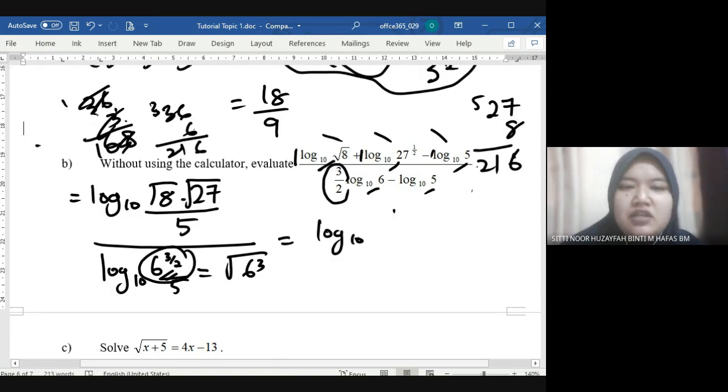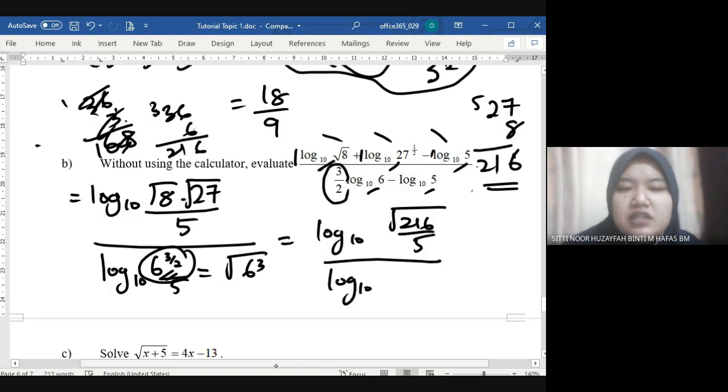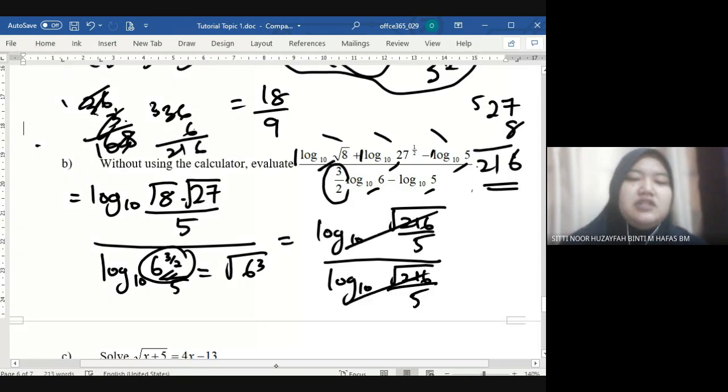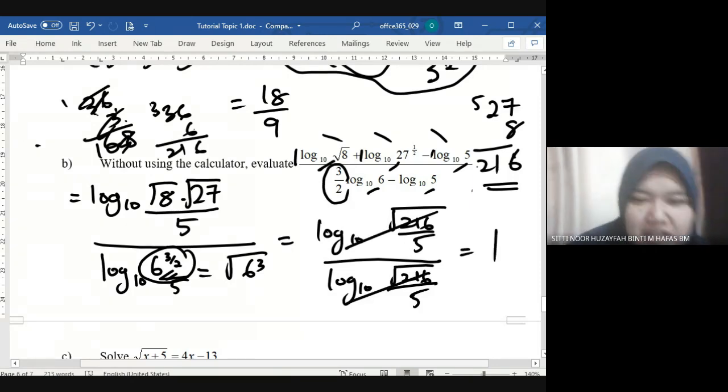So, square root of 8 multiply with 27 is 216 over 5. And denominator, so 6 cube will be square root of 216 all over 5. So, this is the same. So, we get 1 as the answer.